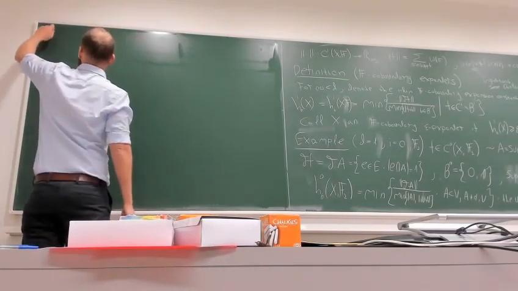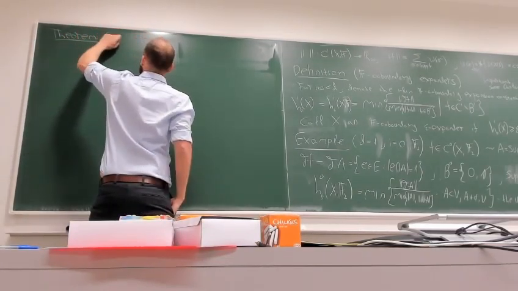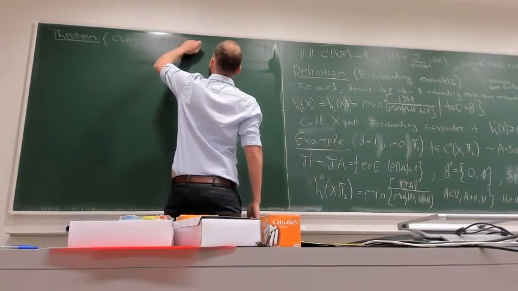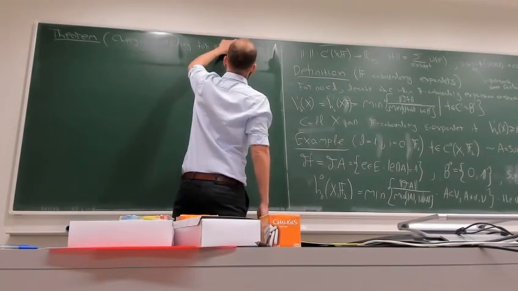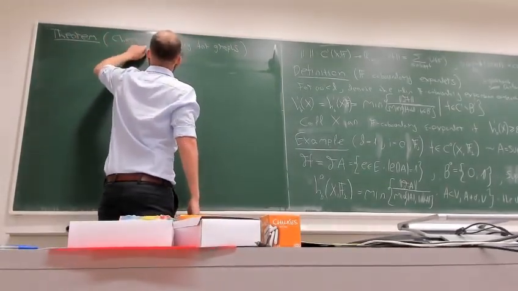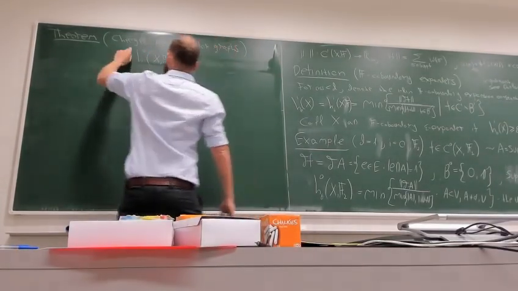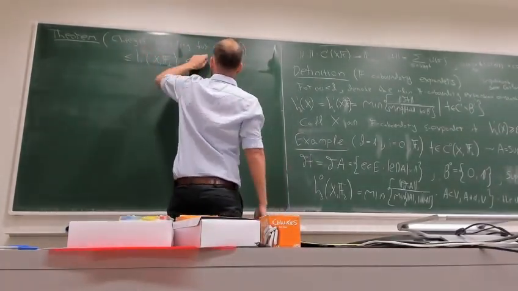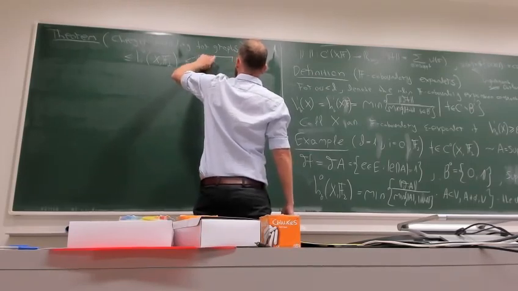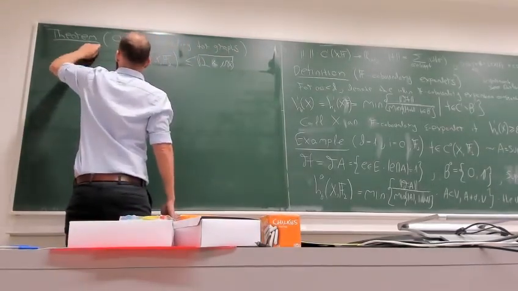Okay, so let me recall the main result in the graph case: the Cheeger inequality for graphs. Here k is the degree, with mu 0 of x, and this is half mu 0 of x.